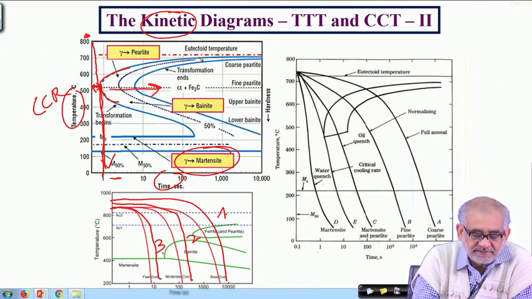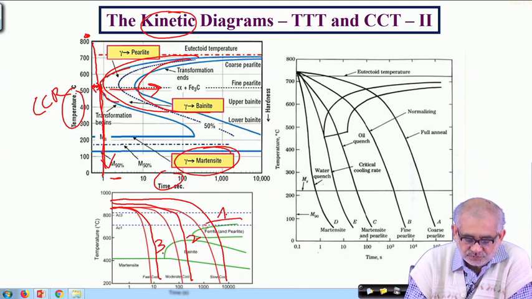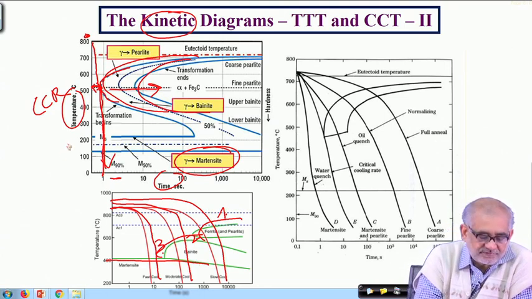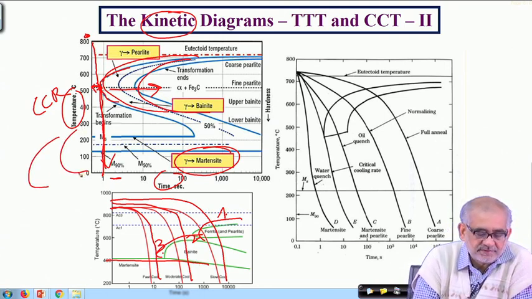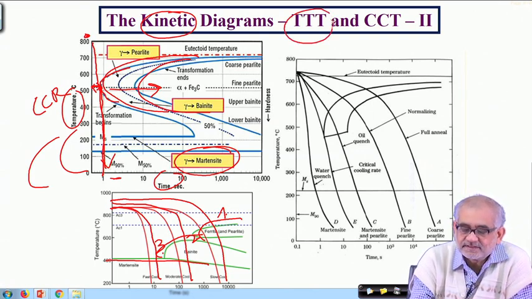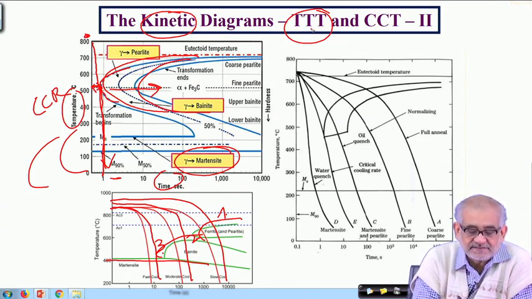So I have split this curve and this curve into 1, 2 and a line. So instead of having a diagram like this, which by the way is called the TTT diagram, time temperature transformation diagram, here the cooling is isothermal.